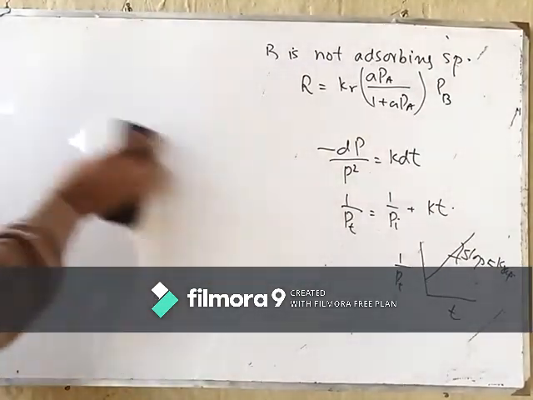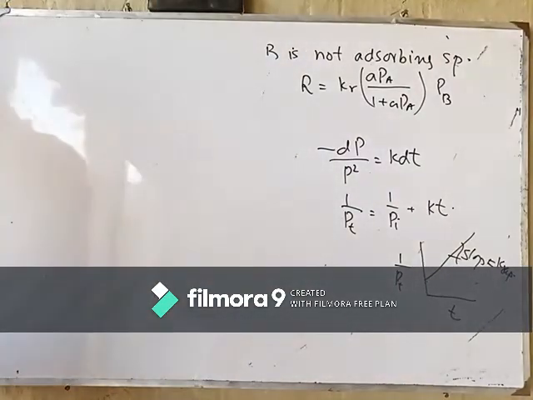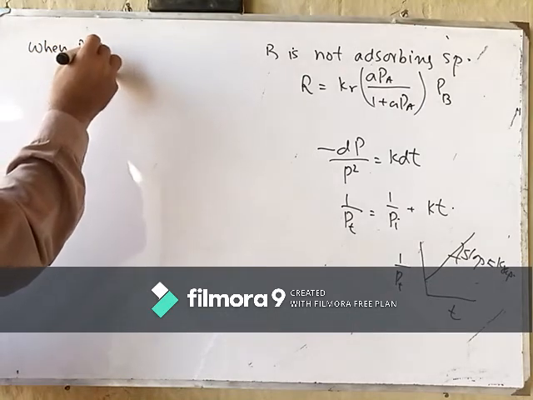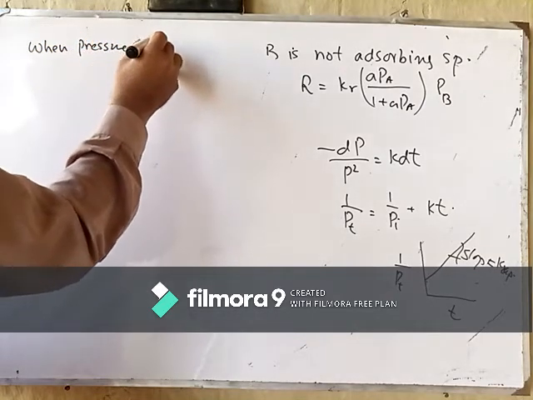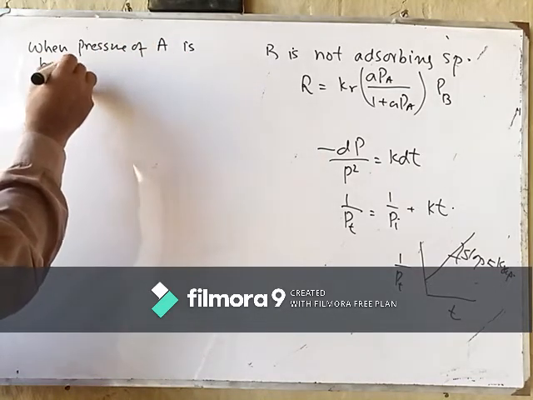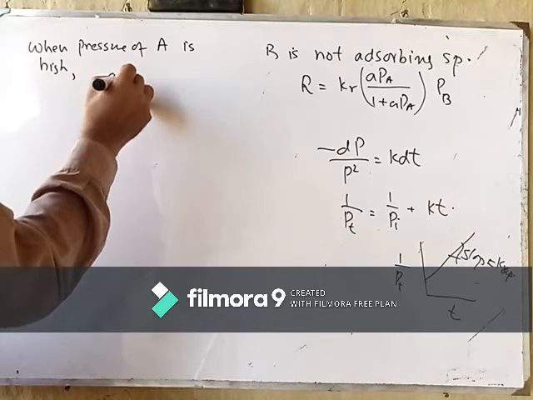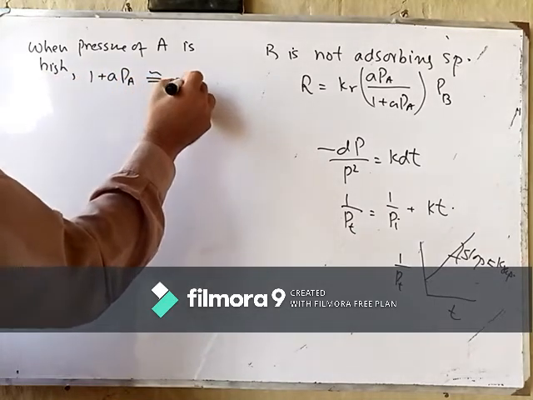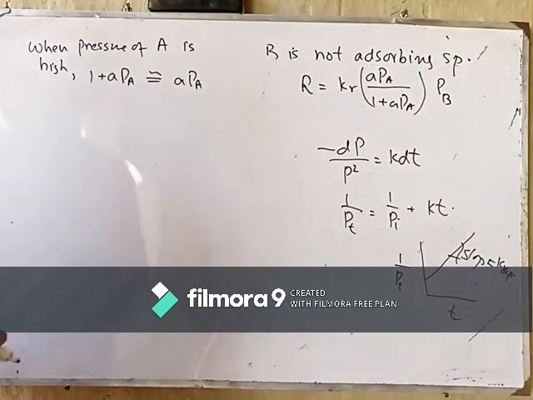Alternately, at high pressure, when the pressure of A is high, then 1 plus A PA will be equal to A PA. We put this in the equation.